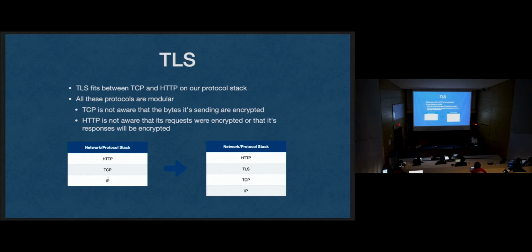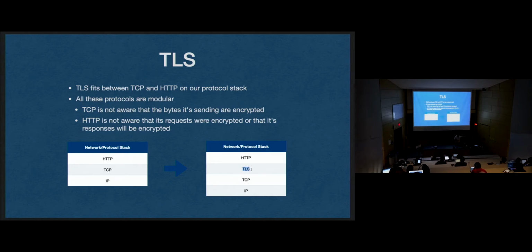So on our protocol stack, we used to have the IP headers, then the TCP headers, then the HTTP headers. TLS is just going to go right in between HTTP and TCP. So our TCP socket, the way we do this in the code is add this layer right in front of our TCP socket. So over TCP, everything's encrypted.